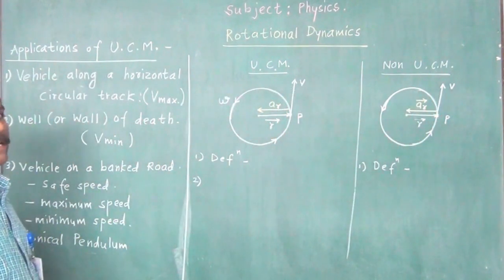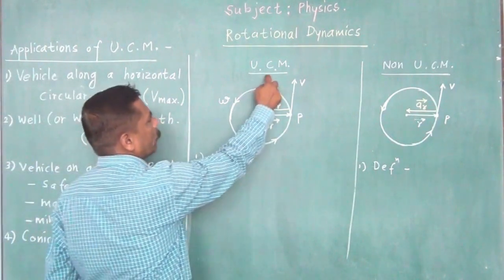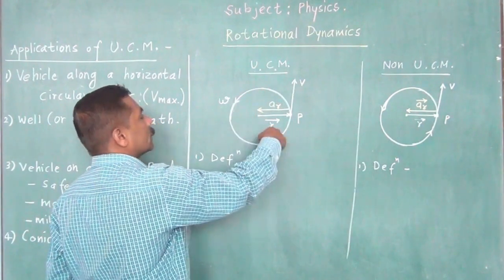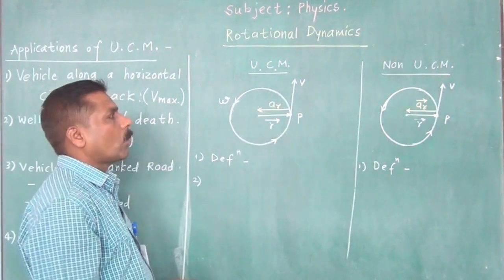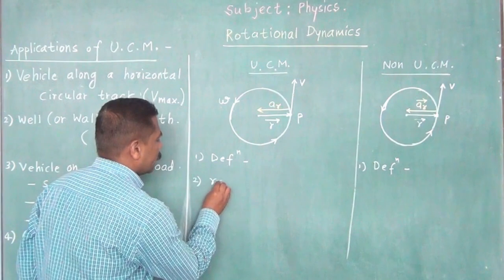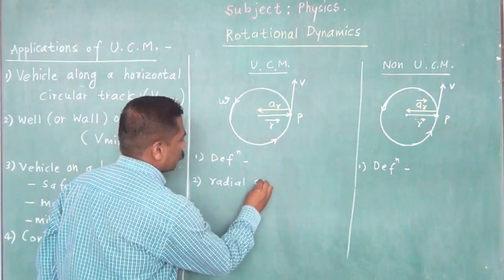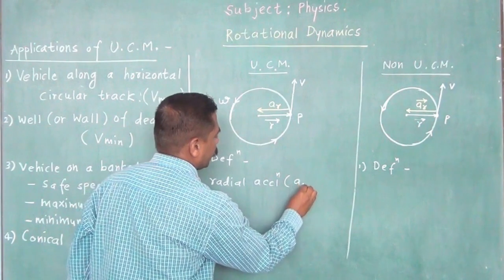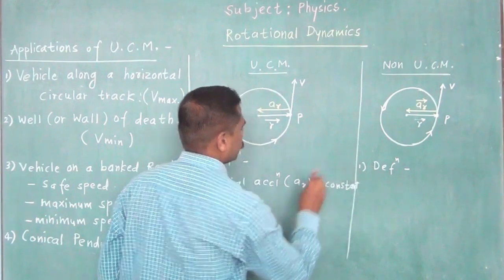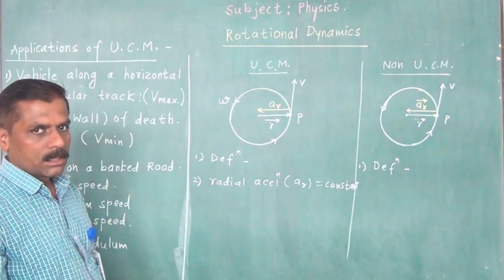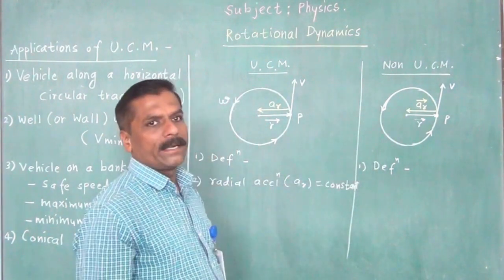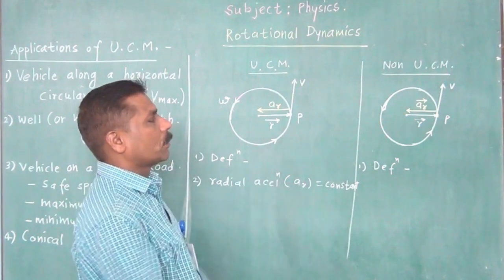But the difference is that in a uniform circular motion, the particle is moving with constant linear speed or constant angular speed. So this radial acceleration is constant. While here, the speed or the direction of the velocity goes on changing.